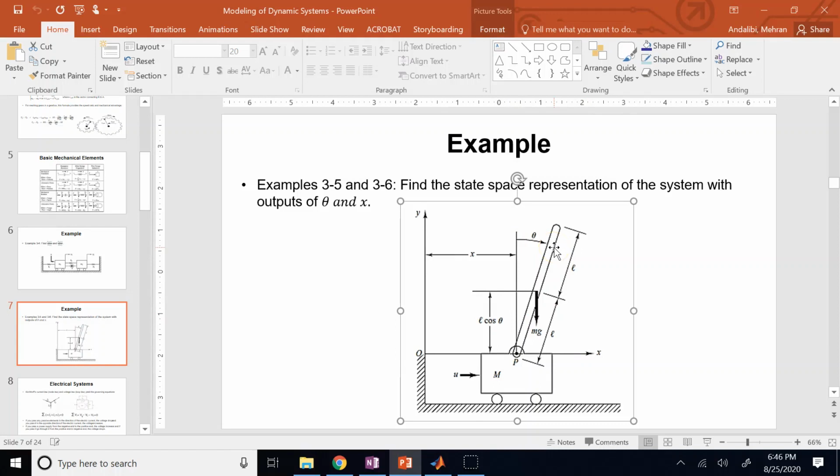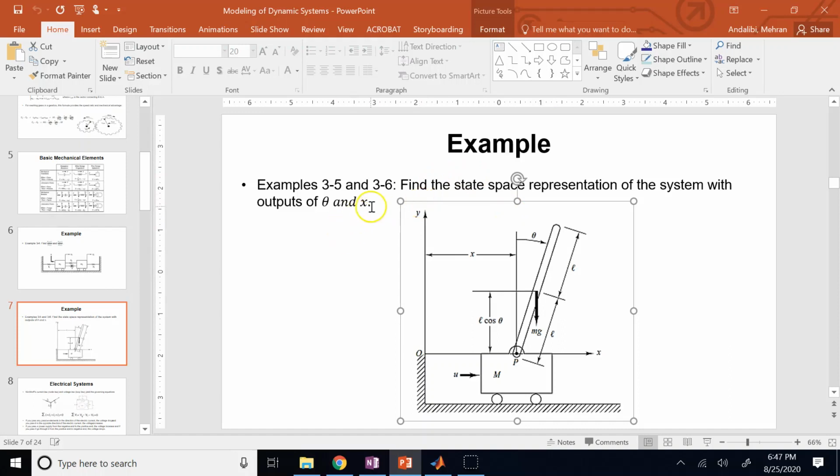Okay, and you need to first find the governing equations in example 3.5, and then in example 3.6, you have to find the state space representation of the system in terms of theta and x here, and to do so, the problem is asking you to consider your rotation angles theta to be small.